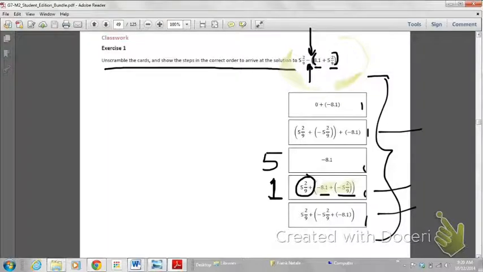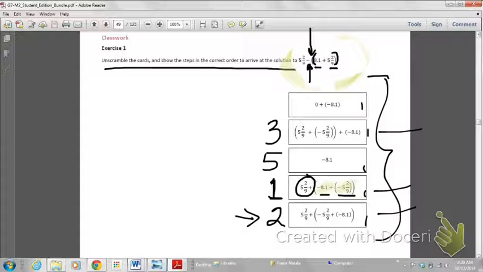Okay, the next step would have been this one here. It's a step, but later on we'll probably see it's one we could actually skip, because we could have gone right to this one, which would have been step 3. But let's talk about step 2 first. What they've done is reordered things.